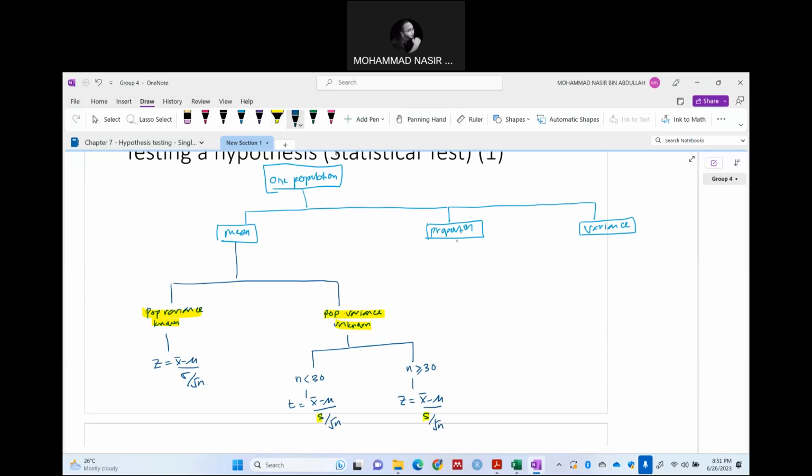For proportion, we use the Z distribution, P hat minus P divided by the square root of PQ over n.